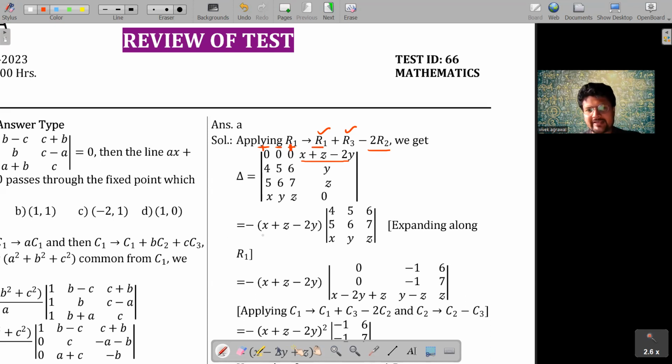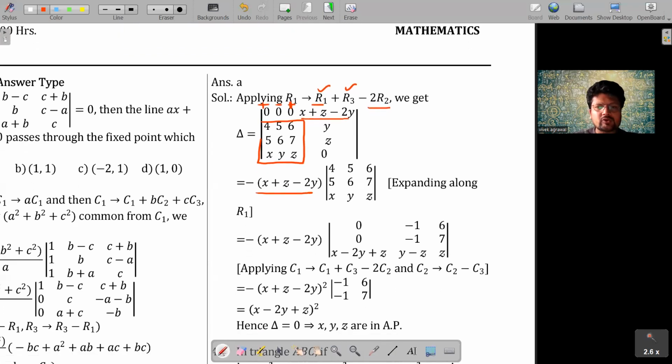So minus of x plus z minus 2y times this determinant: 4, 5, 6, 5, 6, 7, x, y, z. Here you can apply transformations again, or you also have the option to expand directly. Instead of direct expanding, we are again using the transformation.